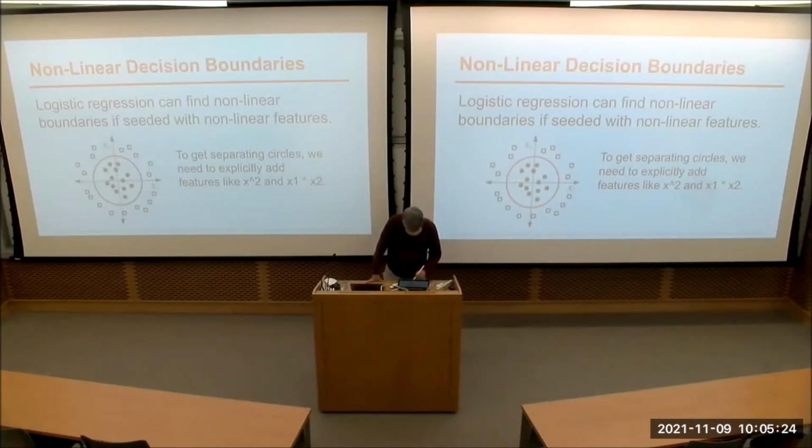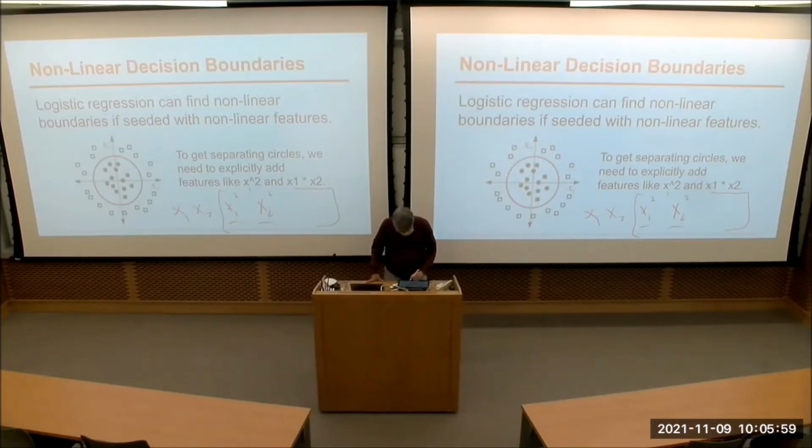Suppose we add the terms x1 squared and x2 squared to our feature set. We were given as input x1 and x2. If I add other features with nonlinear terms, like the squares of them, I can now fit a curve that is linear in these features but is not itself linear.